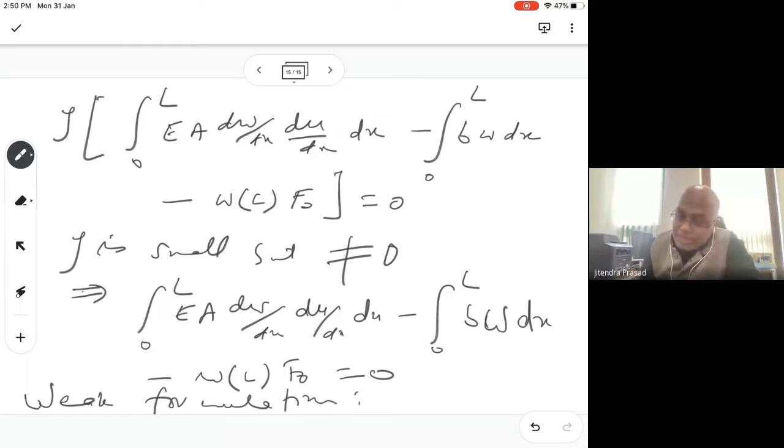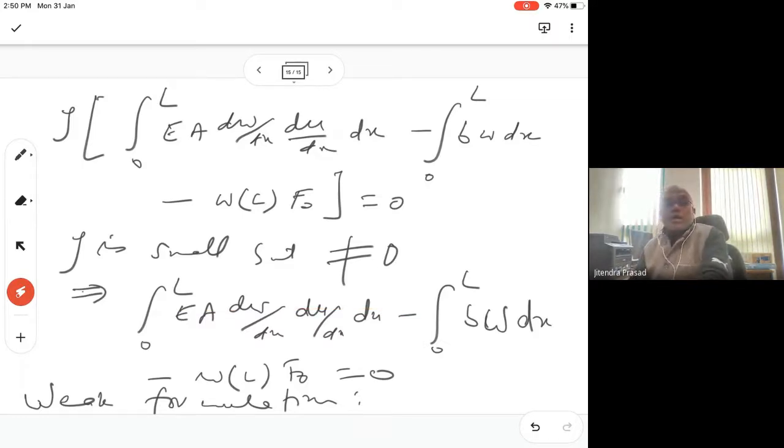It's the same thing. What we got that time was minus here, then plus here and plus here, but equal to 0, so it's the same thing. Any question, guys? Any confusion here?